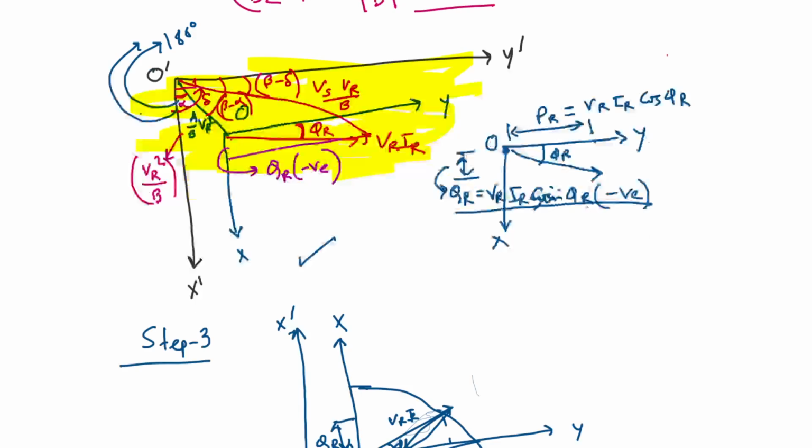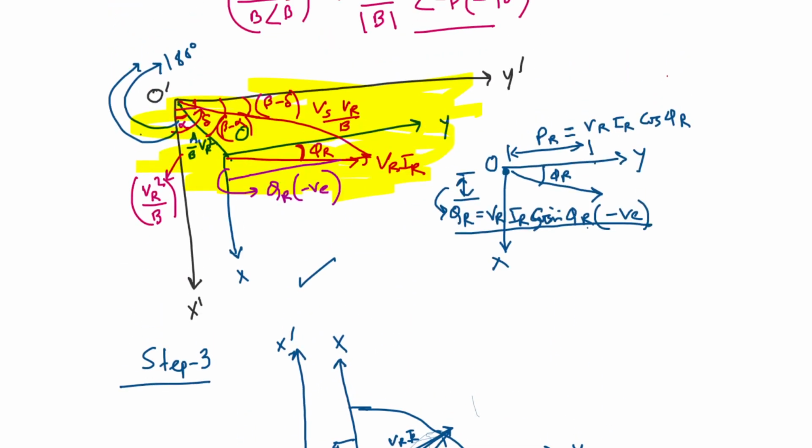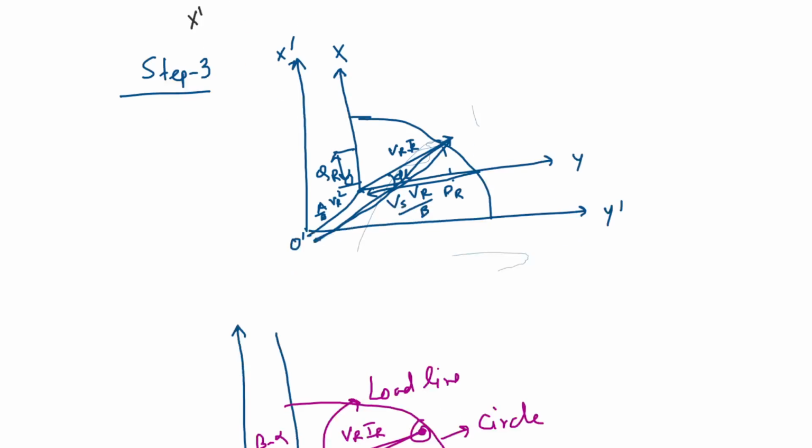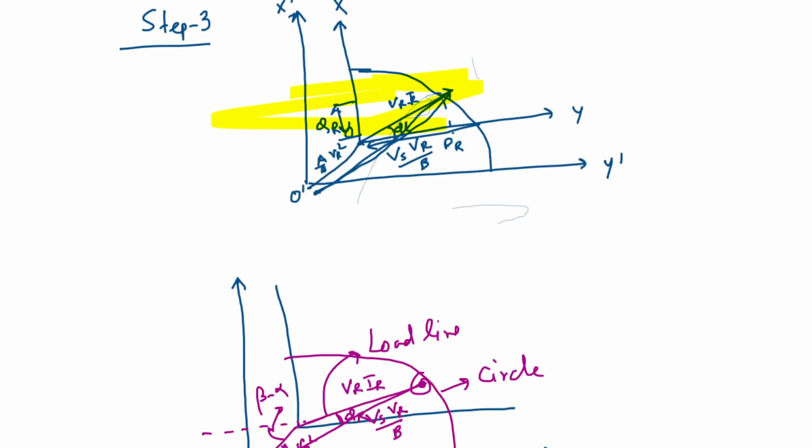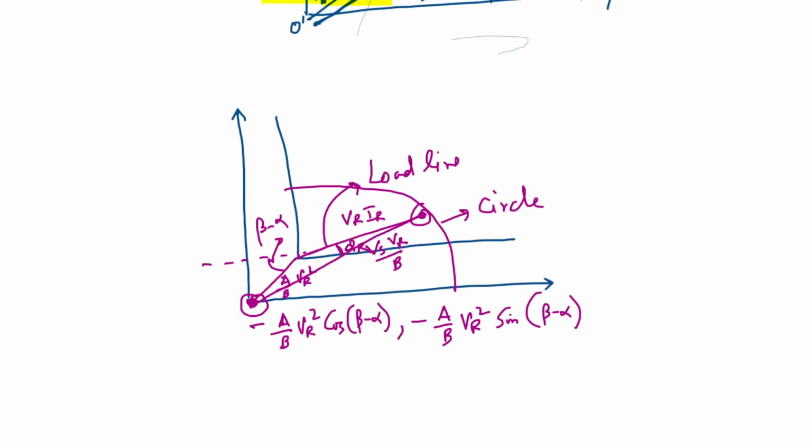So in modification, we flip the entire diagram with respect to the horizontal axis, so that this diagram comes. We have the radius of the circle VS VR by B, and the center of the circle located in the third quadrant.